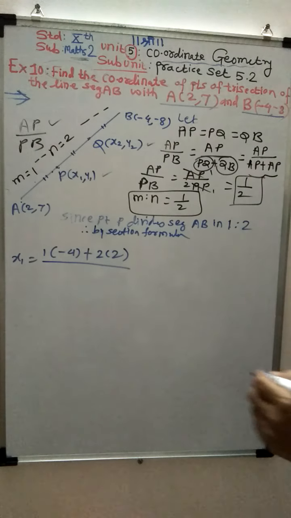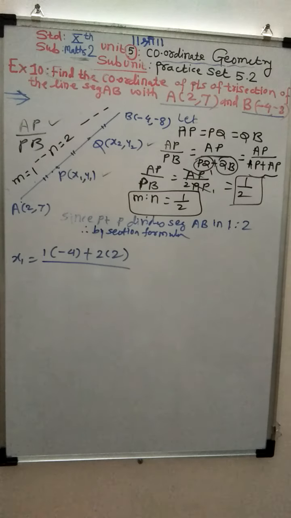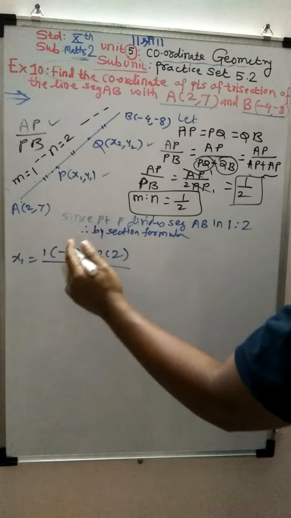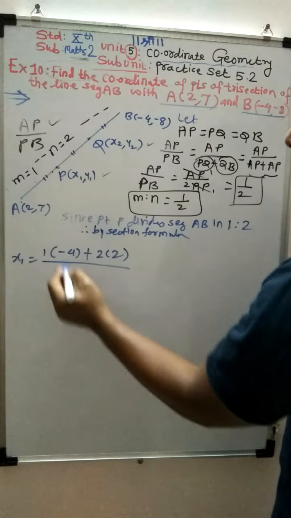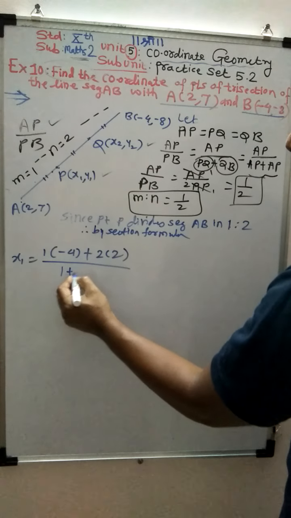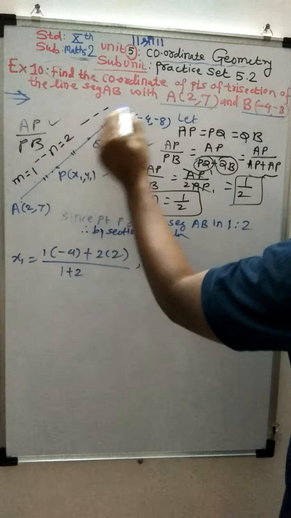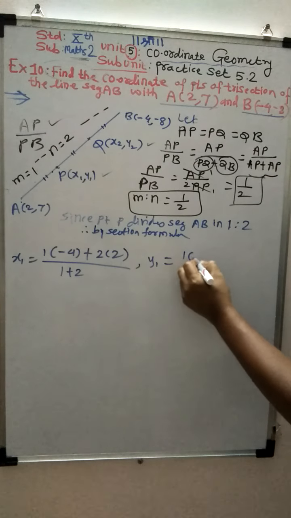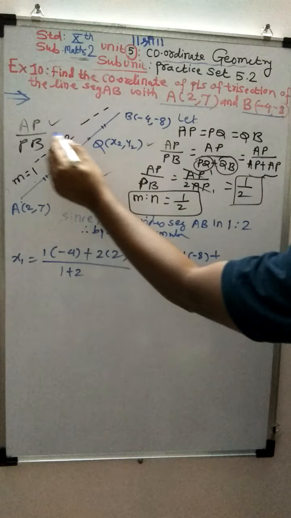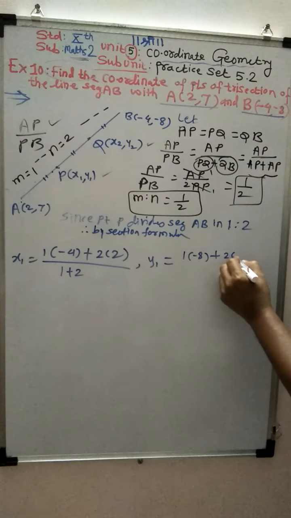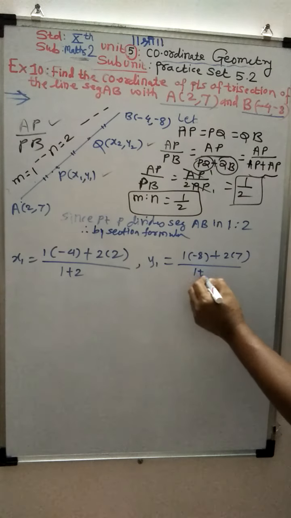We know the section formula: mx2 plus nx1 divided by m plus n. Use this formula. And y1 is equal to 1 into minus 8 plus 2 into 7, divided by 1 plus 2.